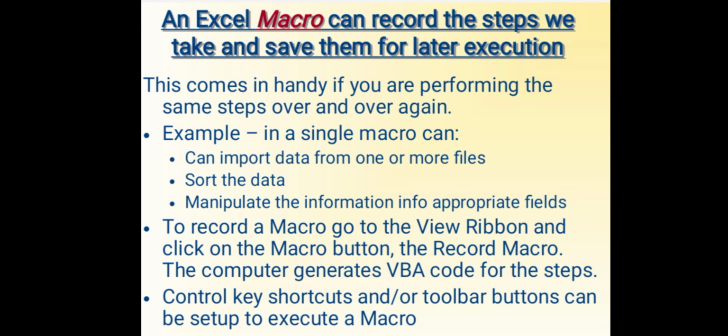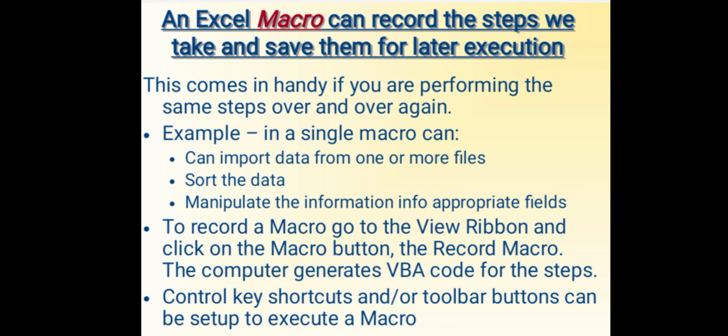An Excel macro can record the steps we take and save them for later execution. This comes in handy if you are performing the same task over and over again. For example, a single macro can import data from one or more files, can sort the data, and can manipulate the information in the appropriate fields.